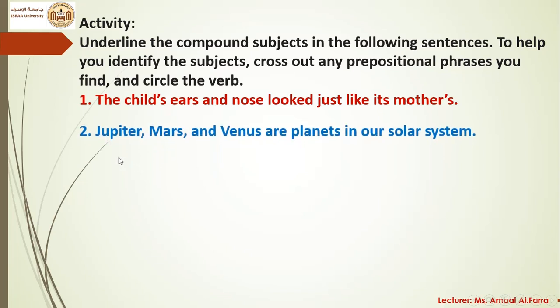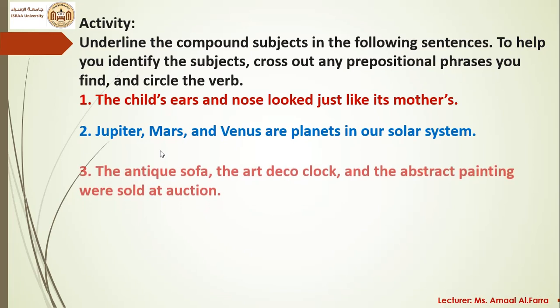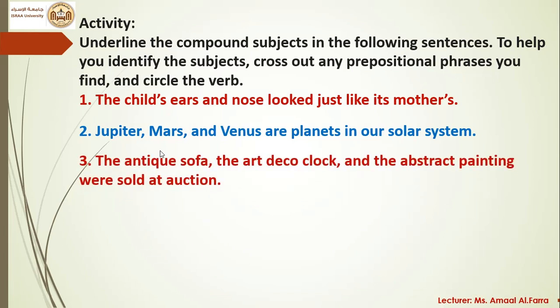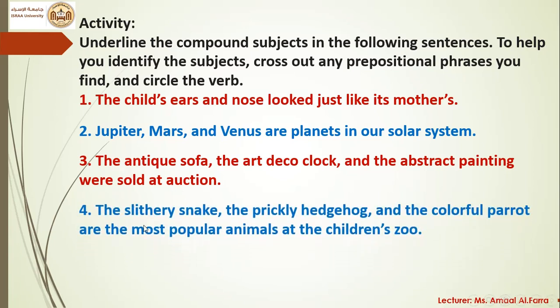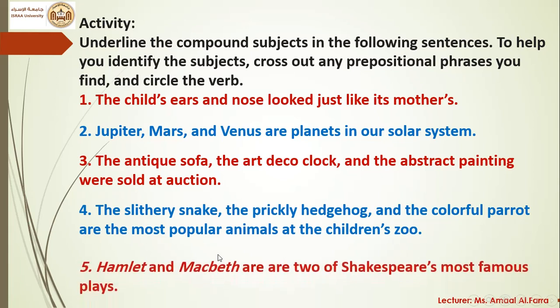Number 2, Jupiter, Mars, and Venus are planets in our solar system. Number 3, the antique sofa, the Art Deco clock, and the abstract painting were sold at auction. Number 4, the slithery snake, the prickly hedgehog, and the colorful parrot are the most popular animals at the children's zone. 5, Hamlet and Macbeth are two of Shakespeare's most famous plays.